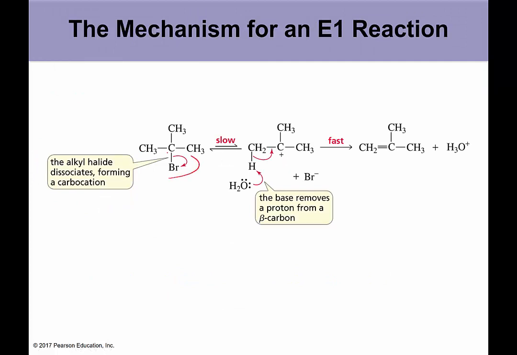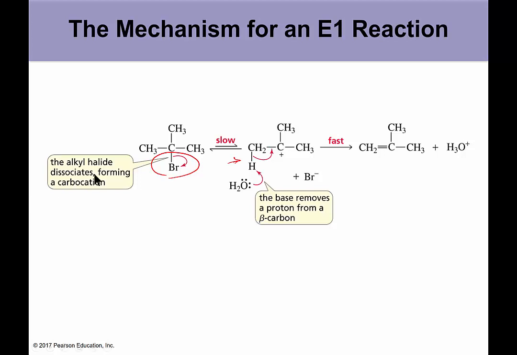This is what I was talking about, this step here. Fast step, subsequent elimination of a beta hydrogen, and it tends to follow Zaitsev's rule. That is, it tends to give us the more stable product. Now, here's the thing. When you have a carbocation, and we're showing this elimination here, the other thing that's possible is that you get rearrangement. So just like in SN1 reactions, E1 reactions tend to be plagued by rearrangements.